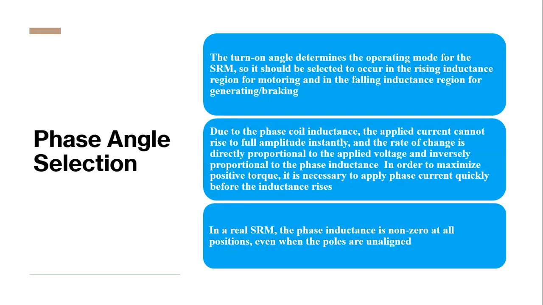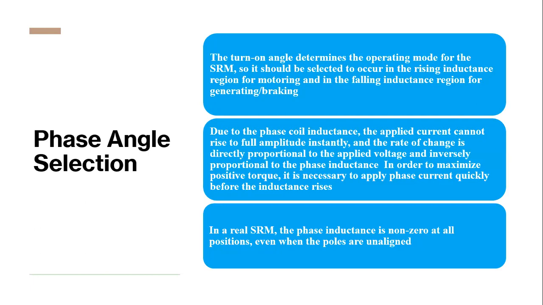But for controlling the phase angle selection, first of all, what is the difficulty in phase angle selection? The torque is directly proportional to the applied voltage and inversely proportional to the phase inductance.